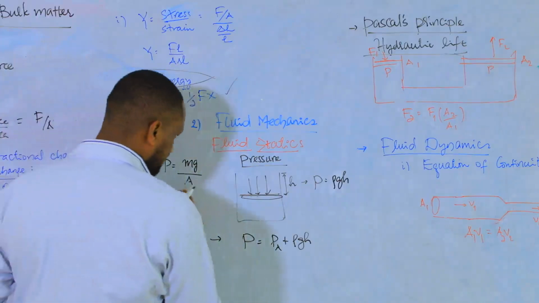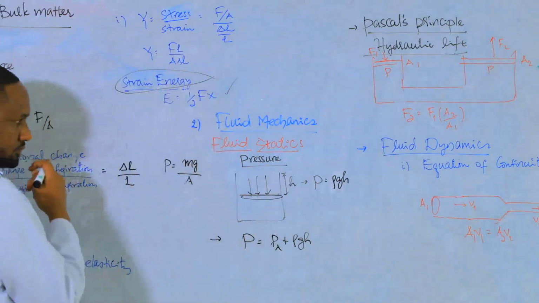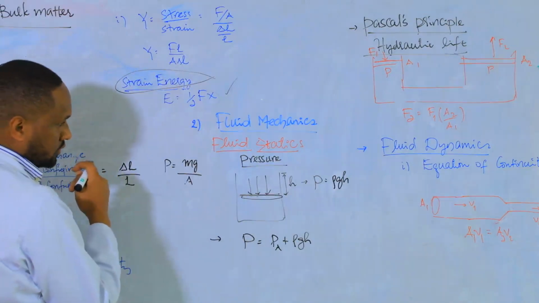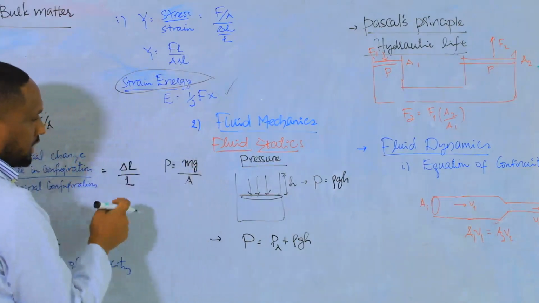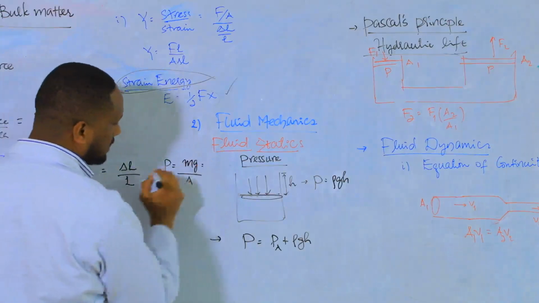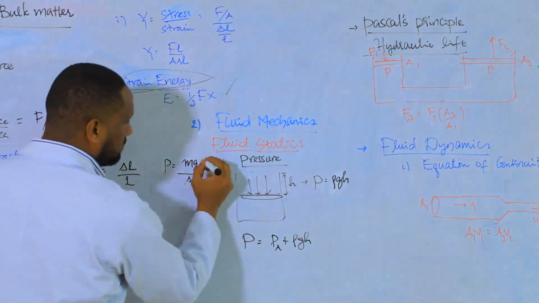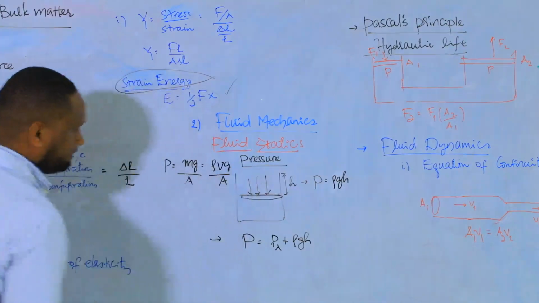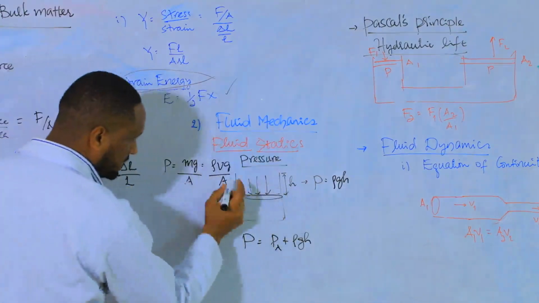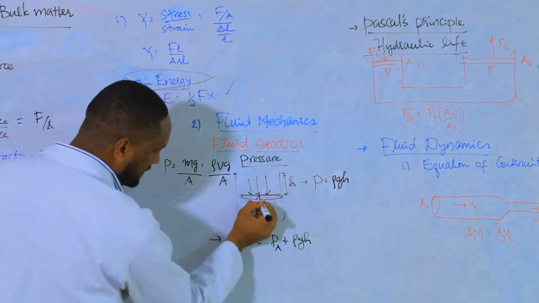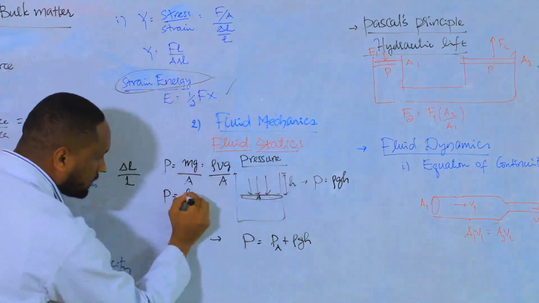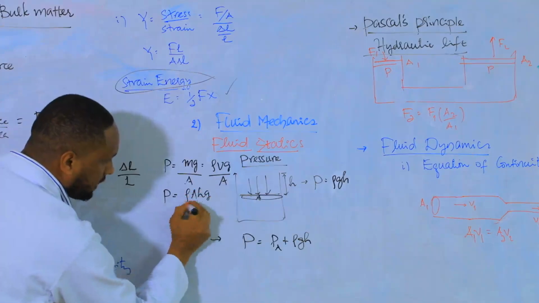But mass can also be expressed as mass density times volume, times g over area. If this is h and this is A, then we can replace the volume, so it becomes rho times A times h times g divided by A.